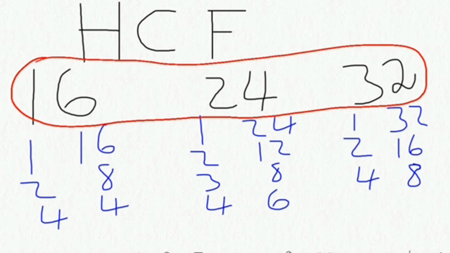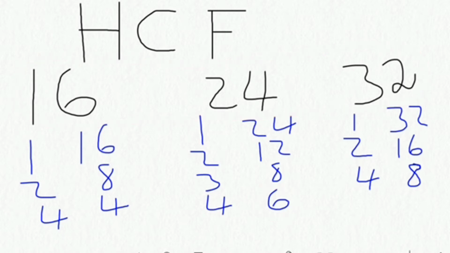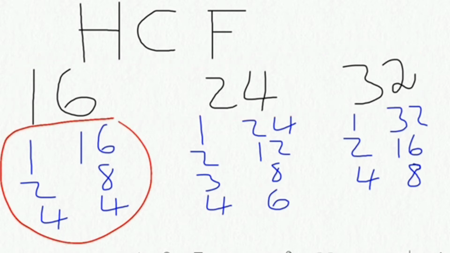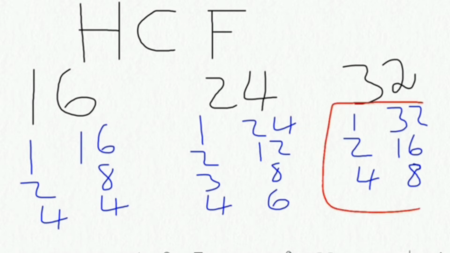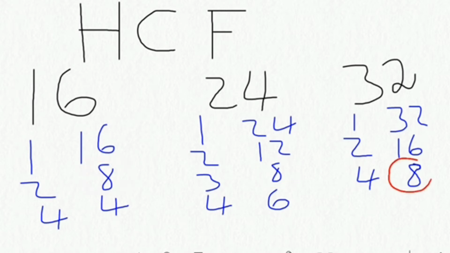What about 5? No, we do not have 5. What about 6? 6 is only a factor of 24, but it's not a factor of 16, nor of 32. What about 7? No. What about 8? 8 is a factor of 16, factor of 24, and a factor of 32.